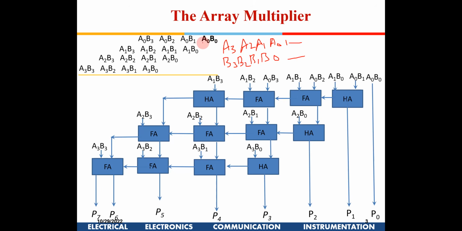Then I am going to multiply it. So what are these? These are the result of the AND operation. So these terms we get by using AND gates. Those AND gates are not shown here, so that the slide is not cluttered, but otherwise each of these will be generated by using an AND gate.